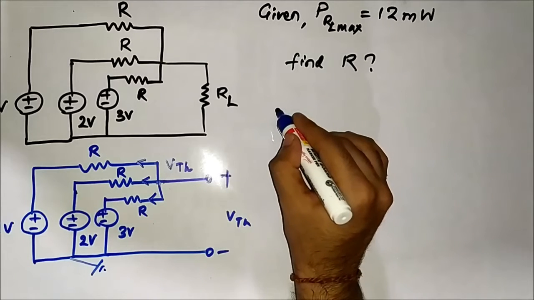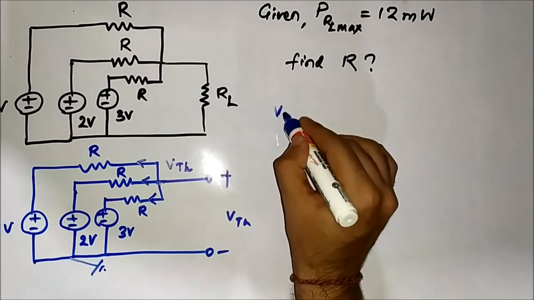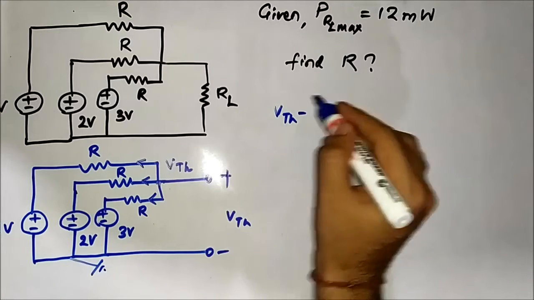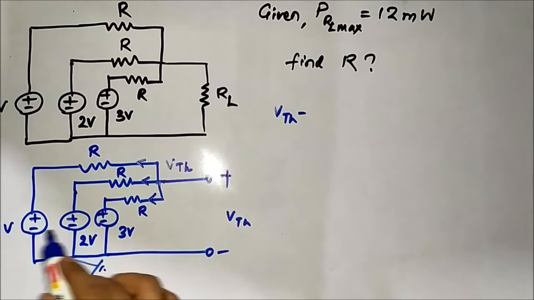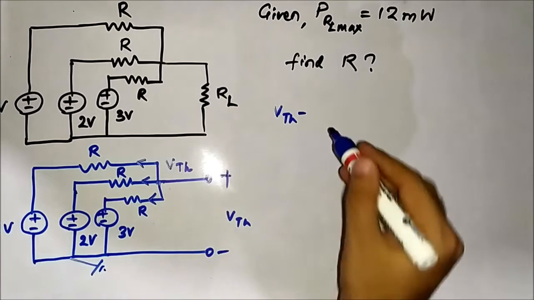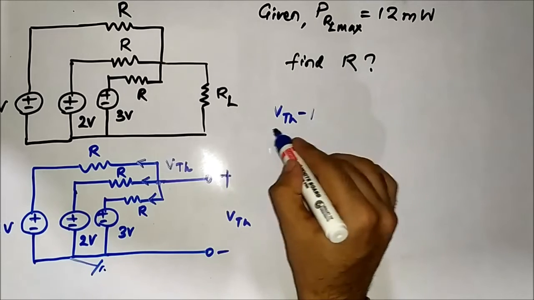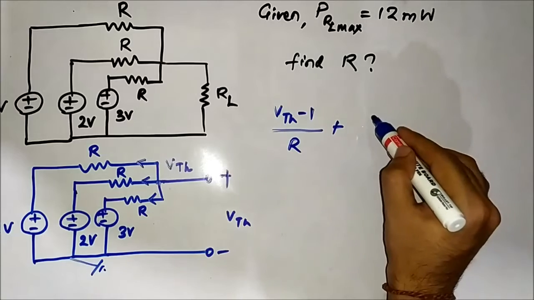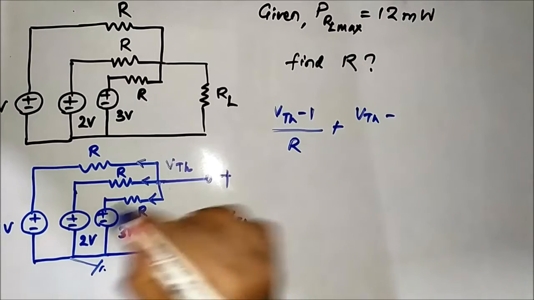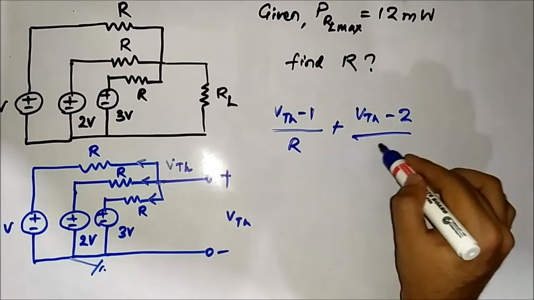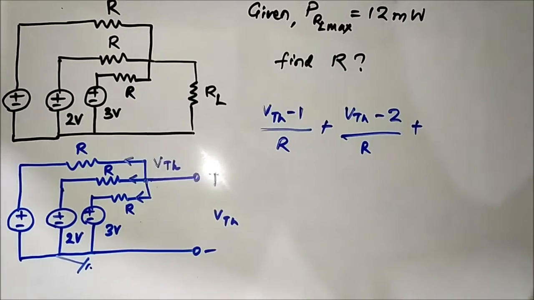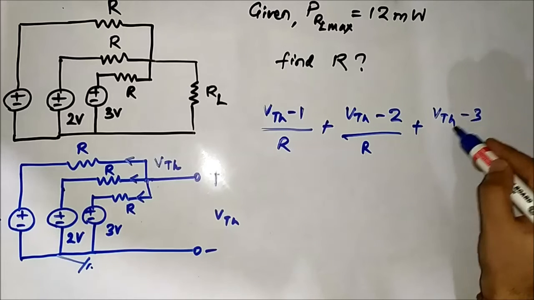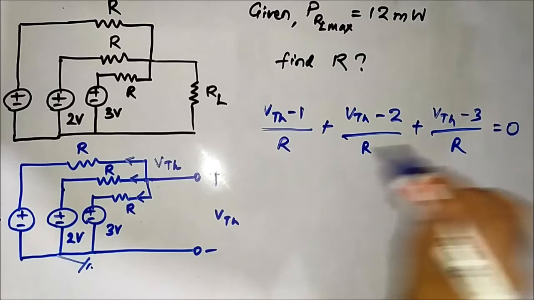So it will be VTH minus ground, minus 0. Or we can say at this point, here it is 1 volt, 2 volt and 3 volt. In between these 2 points, (VTH minus 1) by R plus (VTH minus 2) by R plus (VTH minus 3) by R is equal to 0.